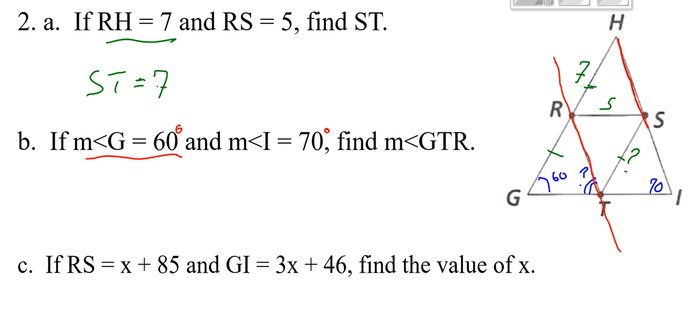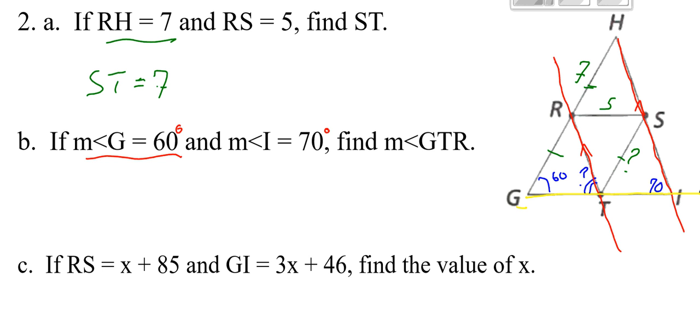The mid-segment theorem says that HI is parallel to RT. Those 2 lines are cut by a transversal, which is GI. When a transversal cuts through parallel lines, we get angles that are either congruent or supplementary.